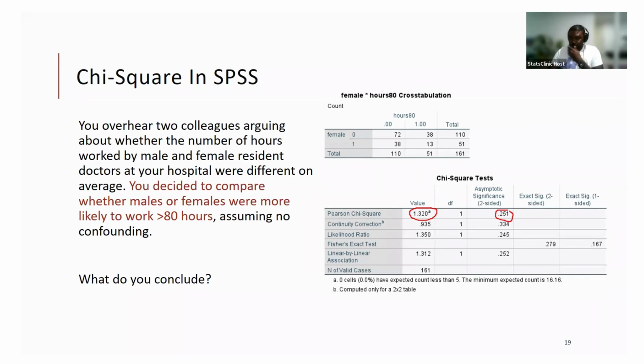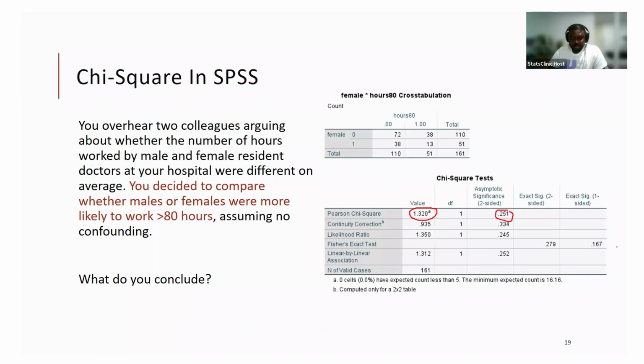Anyone want to give it a shot? You have a p-value of 0.25. You have a chi-square of... Hello. Yes, hi. Based on this, we'll fail to reject the null hypothesis.